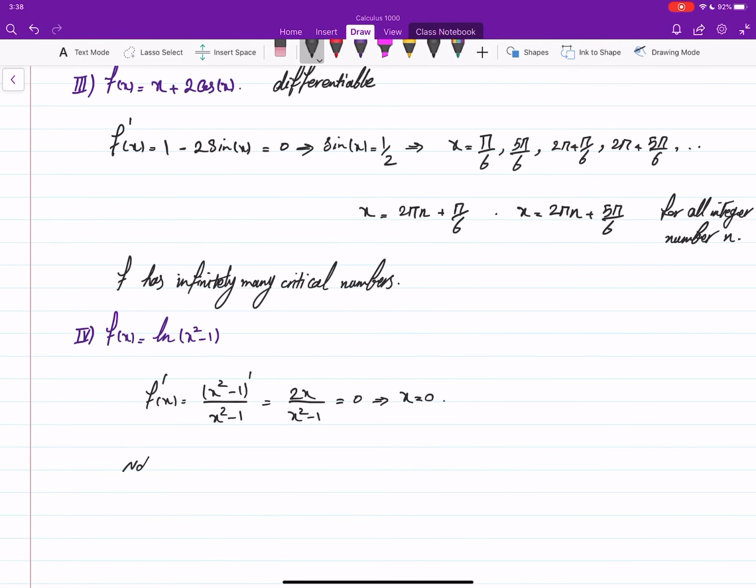Note that f of x is defined only for negative infinity up to negative 1, and then from 1 to plus infinity. And what does this mean? It means that x equal to 0 is not in the domain of the function.